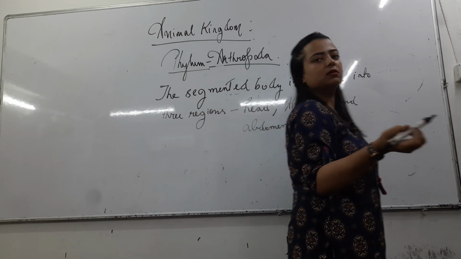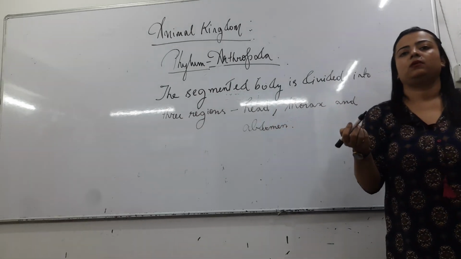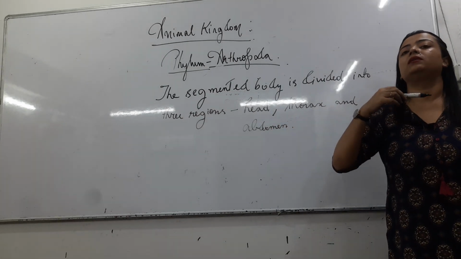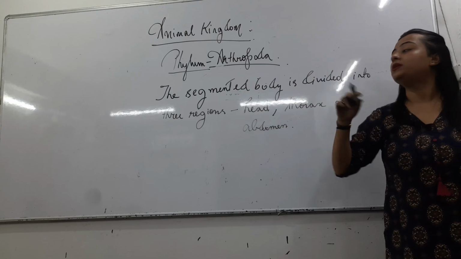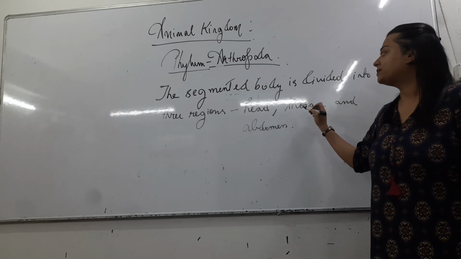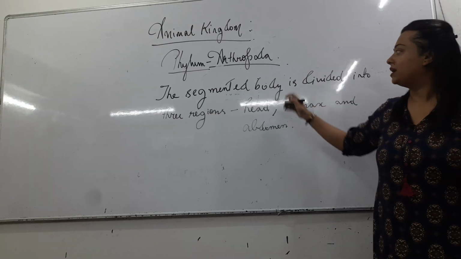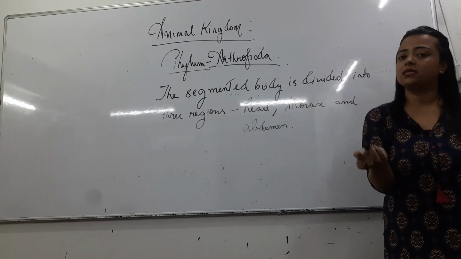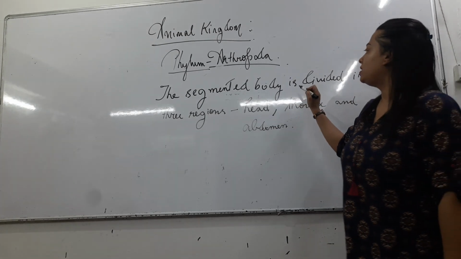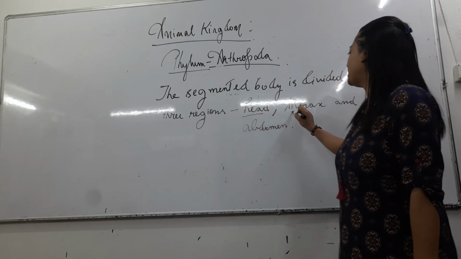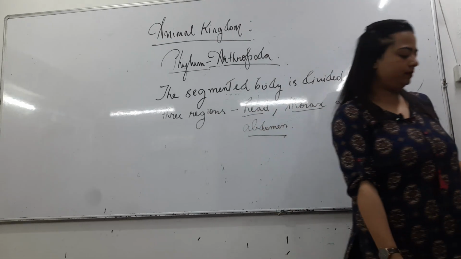What is thorax? The region between the neck and the abdomen is called the thorax. Okay? Thorax mane ki jitu jaga to tumar neck aru abdomen or mazot thakibo. That is the thorax. So they have a segmented body, the body is divided into head, thorax and abdomen.